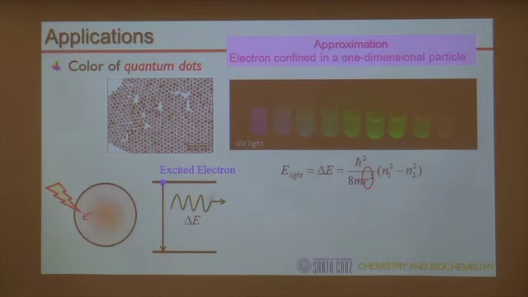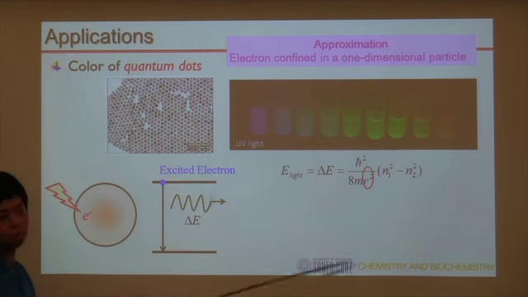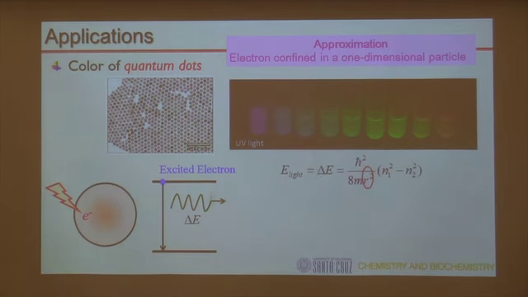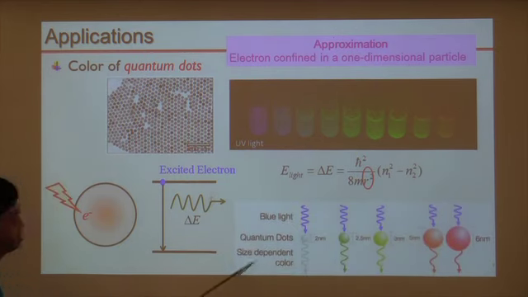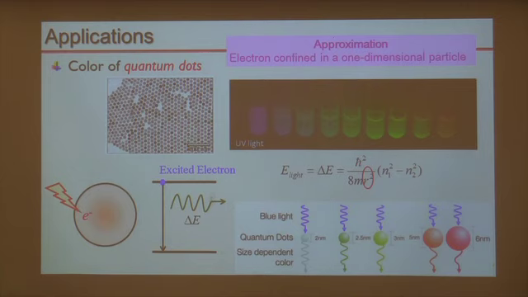Then you can see that delta E is actually proportional to 1 over r squared. This simply means that by changing the size of the quantum dots, you can change delta E. And delta E is actually the energy of the light, and the energy of the light is hc over lambda, and lambda determines the color.